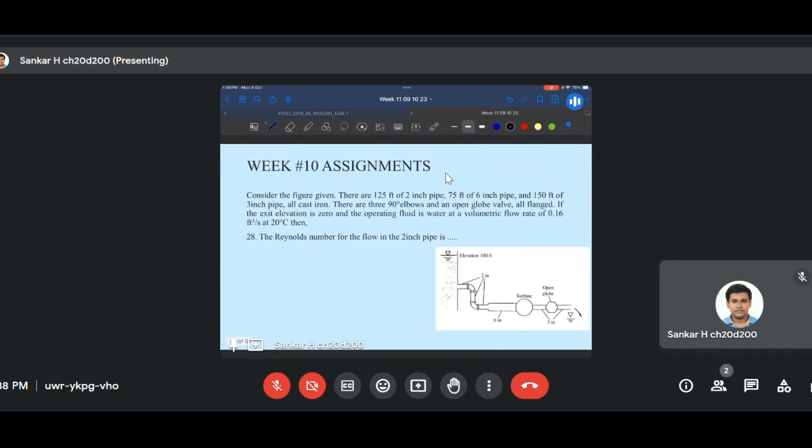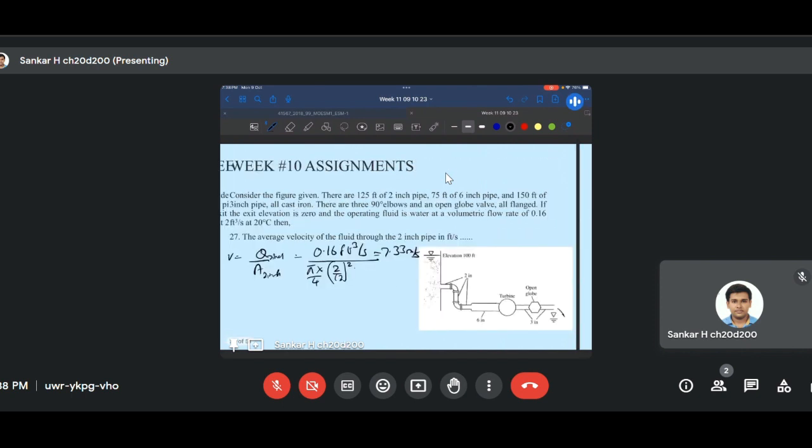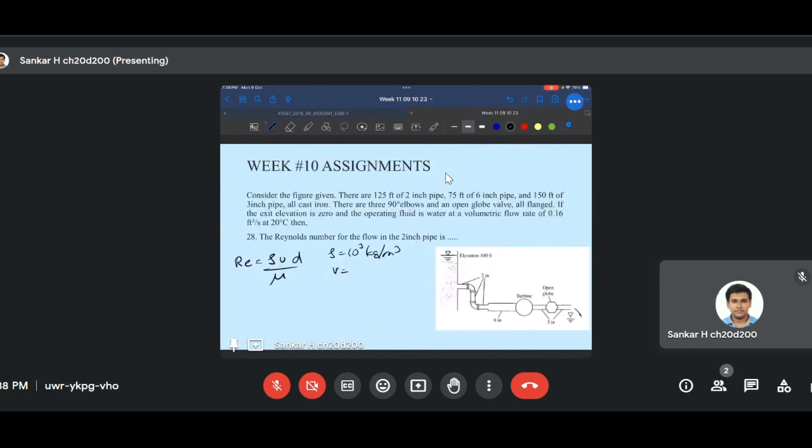Next, we've been asked to calculate the Reynolds number for the flow, which is rho v d by mu, and it is given that the operating fluid is water. So rho is 1000 in kilograms per meter cube. The velocity in feet per second. Okay, I think we just need to find out the density of water in pounds per feet cube. So let me just find out the correct conversion.